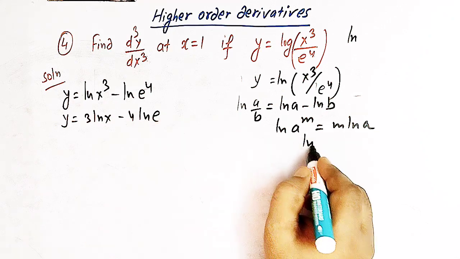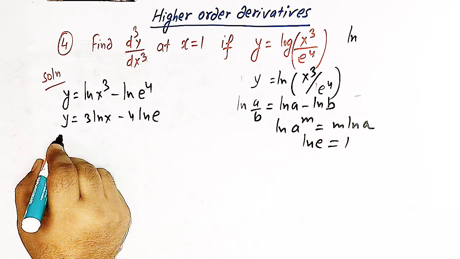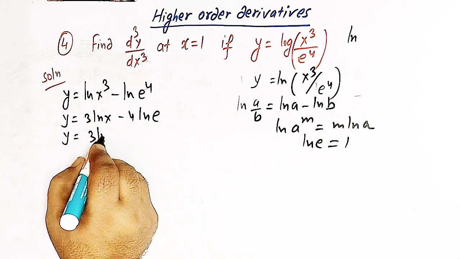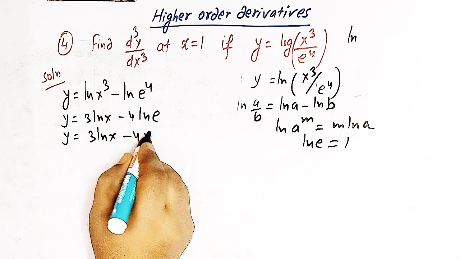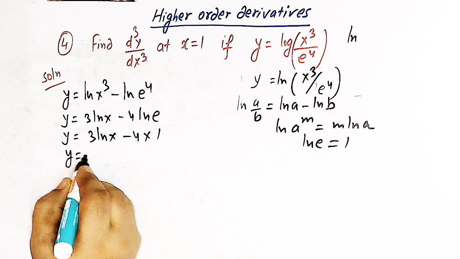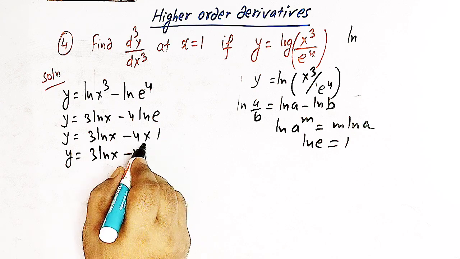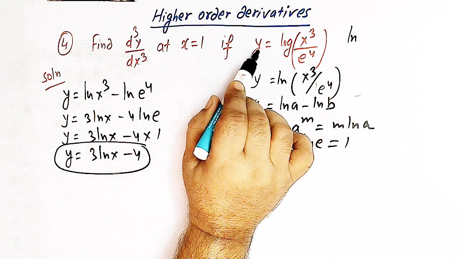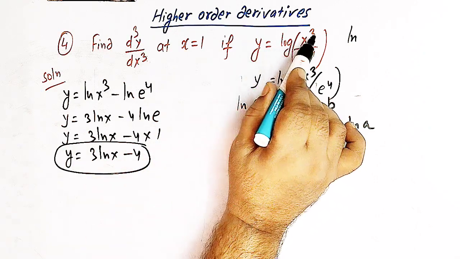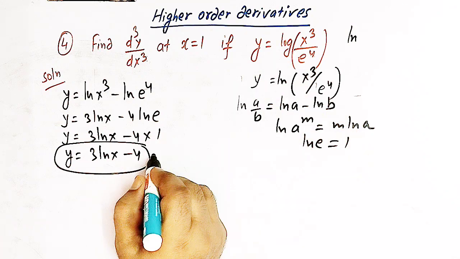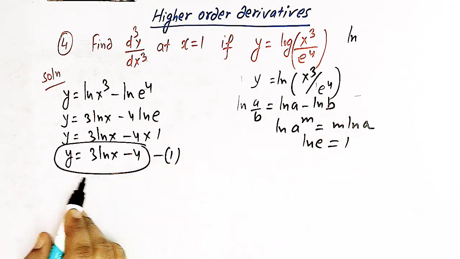Now the natural log of e is 1, so we have y is equal to 3 times log of x minus 4 times 1. So y is 3 log x minus 4. Right. So the given relation y is equal to log of x cube over e raised to 4 can also be written in this form.